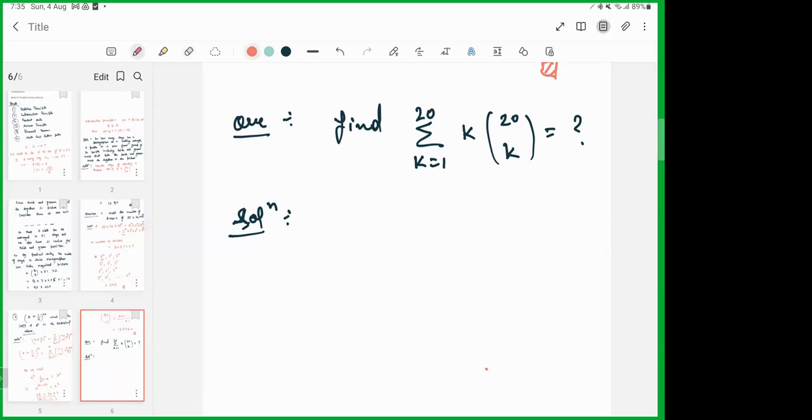So the summation, k is running from... What is this number denoting? Let's see this. Combinatorially, what is this number capturing?